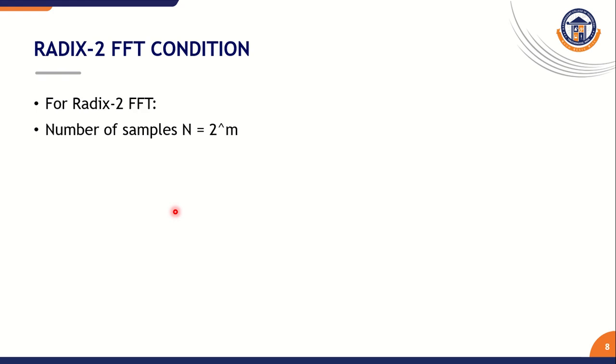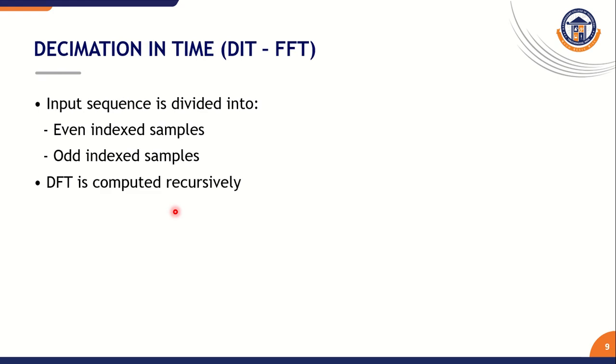What do you mean by the radix 2 FFT condition? In radix 2 FFT, the number of samples must be a power of 2, that is, N equals 2 raised to m. This condition is very important. FFT is calculated in two ways.